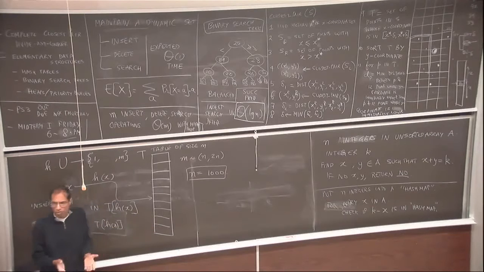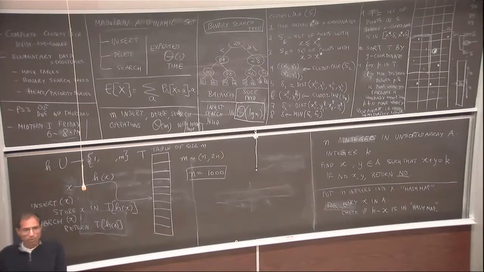In fact, you know for sure that if I'm trying to put a billion numbers into an array of 1,000, there will be a million points that will go to the same place. So both of these statements are not precise. What does it mean when I say store x in T of h of x? What if there is something else already there?